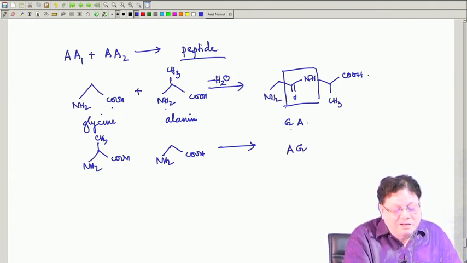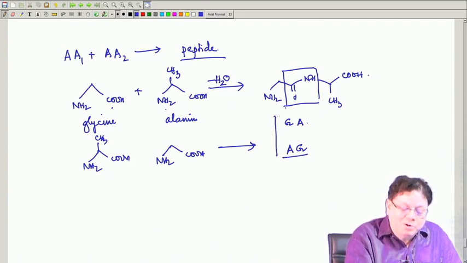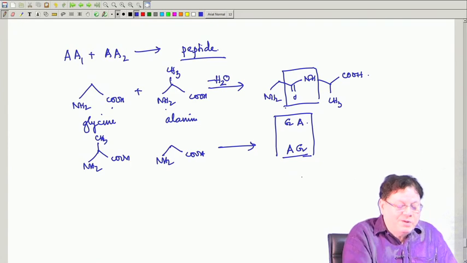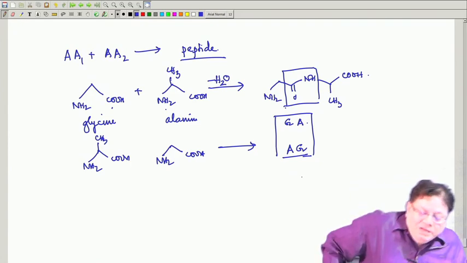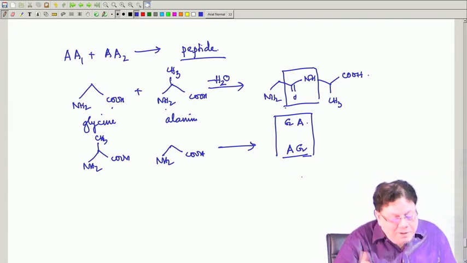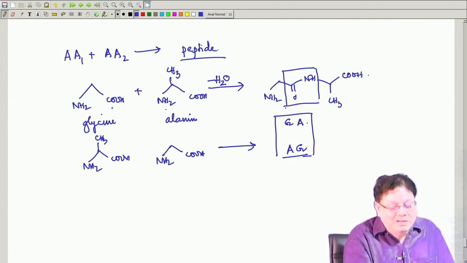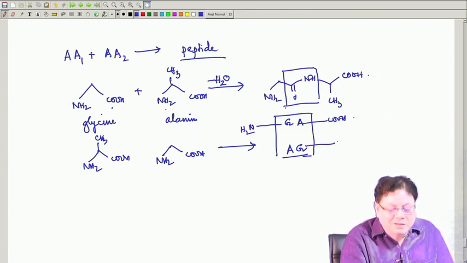This is glycyl alanine, this is alanyl glycine. So, 2 amino acids can react to make 2 different peptides, they are not the same. In this case, there is this amine functionality which is free and the carboxy which is free at this end, and in this case the glycine carboxy is free and the amine is free on this side.